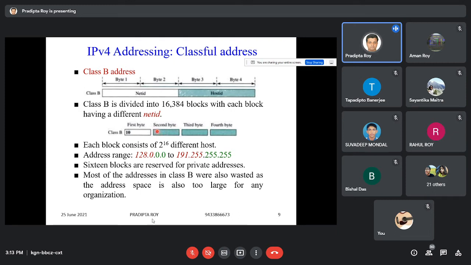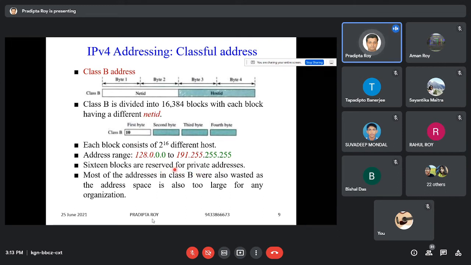Okay. So what will be the range of class B address? The range is between 128.0.0.0 to 191.255.255.255. Okay. And out of that, 16 blocks or 16 different network IDs are reserved for private addresses.